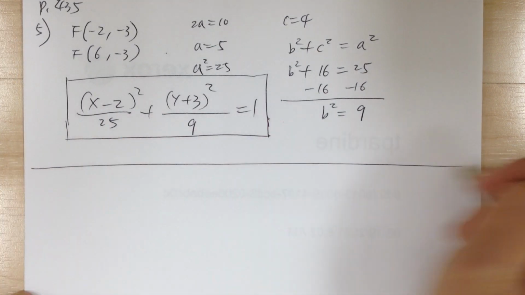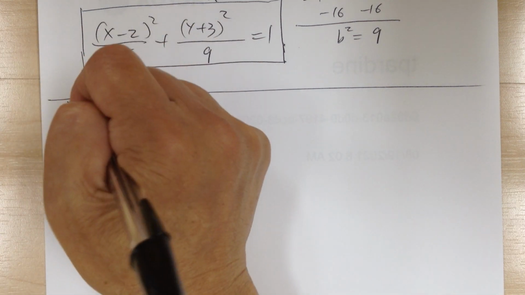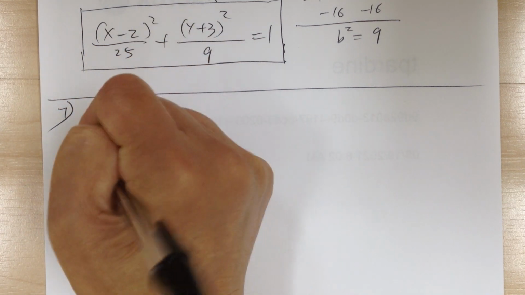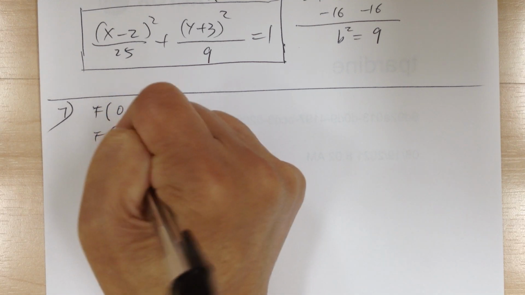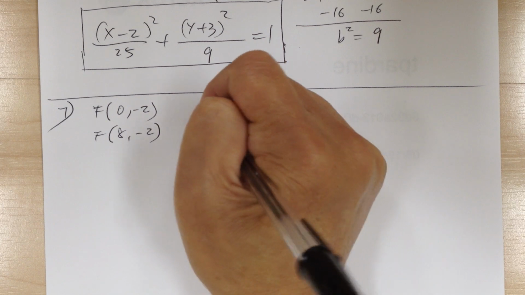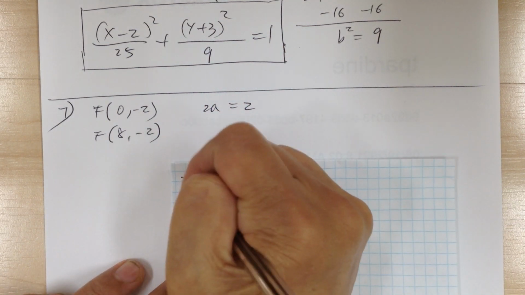Okay, let's go to number 7. Okay, number 7 is kind of nice. It tells you that it's a hyperbola. Okay, so you have the foci at 0, -2 and 8, -2, and the difference of focal radii, again, that's 2a equals 2. Okay, so again, let's go and sketch these things out.